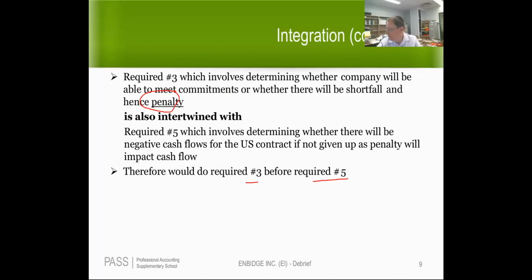Somebody tell me. Right. Excellent. Sarah saying cash flow. Very good. That's number 5. So there you got 3 and 5 integrating. Assuming we have a penalty, it affects our cash flow. So that means I would do the cash flow after I would do number 3 and 4.